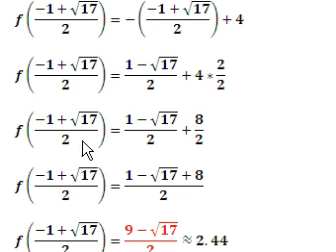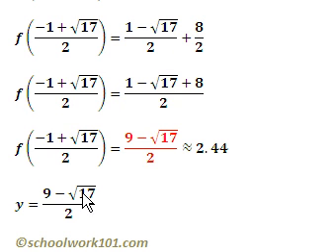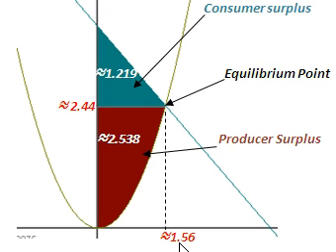I plug it into the first function, and we get all this nice, lovely stuff. I end up approximating it, which is 2.44. So we set them both equal to each other, solved for x, got 1.56, plugged that into either one of these functions, and you get the 2.44 out.